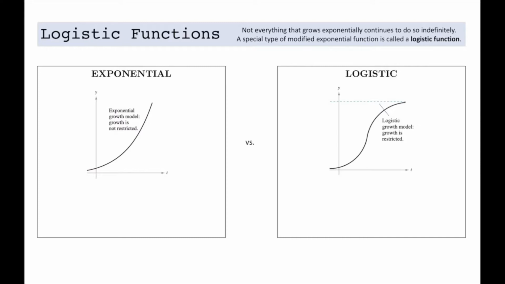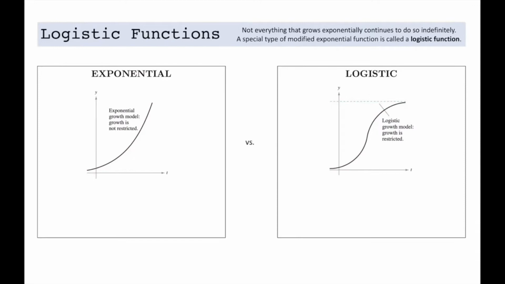So logistic functions are a special type of modified exponential function that have this kind of limiting value. They start off exponential, so you can see here that these both have the same sort of growth in the beginning, but instead of increasing forever, where the growth is not restricted, they start to level off, and they actually have this sort of horizontal asymptote here.